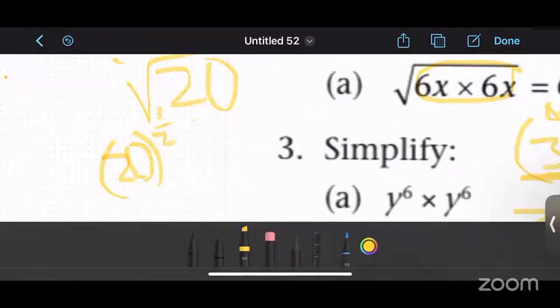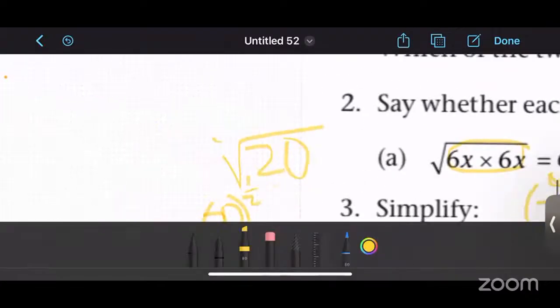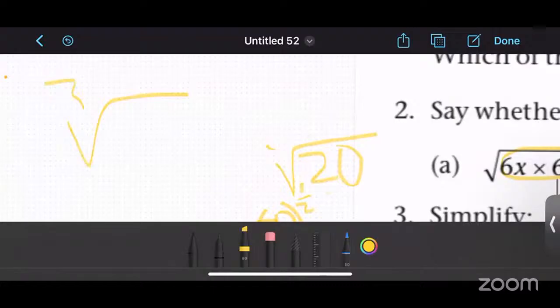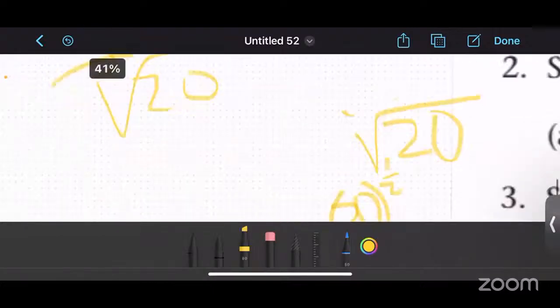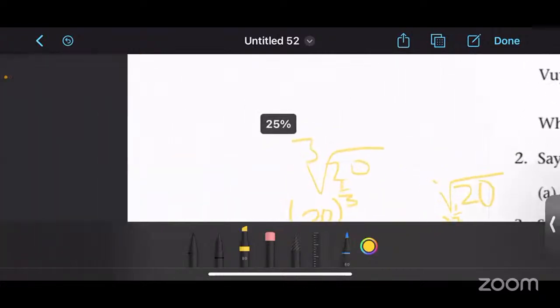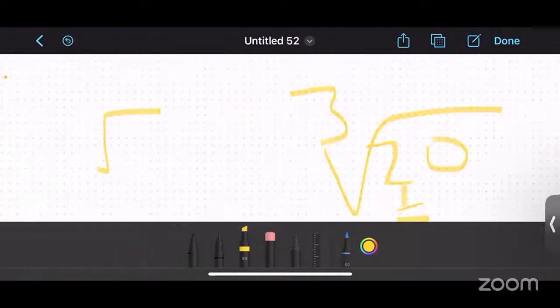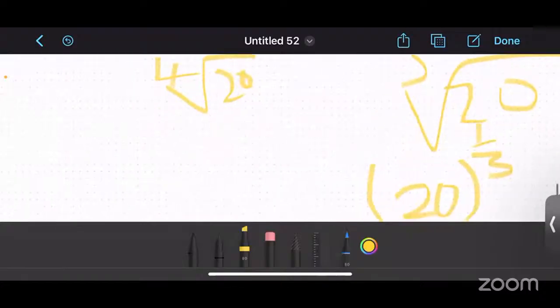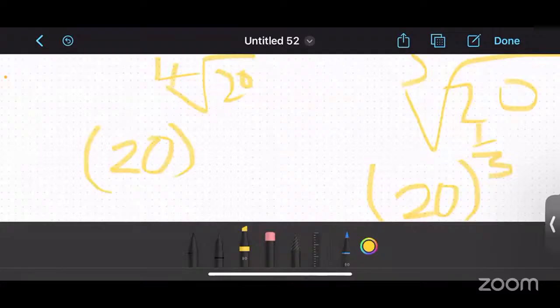And if we have cube root of 20, we're going to say 20 inside the brackets to the power of what? 1 over 3. And if we have fourth root of 20, we're going to put 20 inside the brackets to the power of 1 over 4.